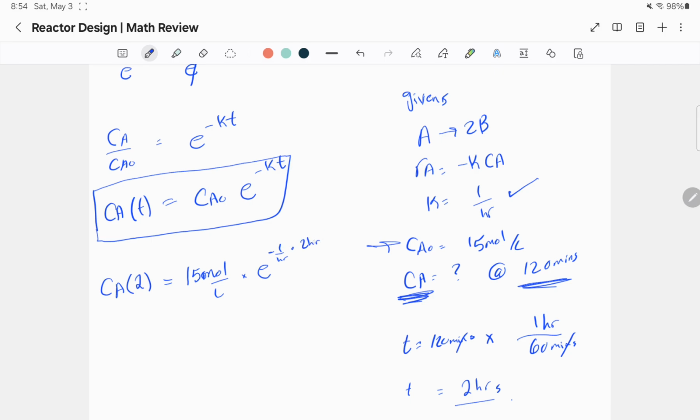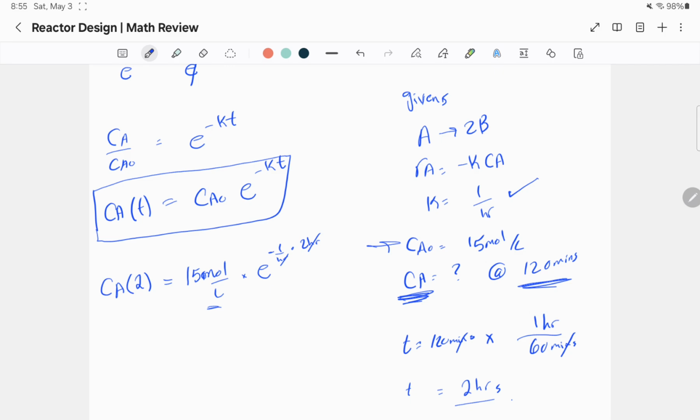Which makes sense. Keep in mind the unit conversion. Check if the final answer will give you the correct units. You can see that hour and hour here are cancelled, and you'll be left with moles per liter.